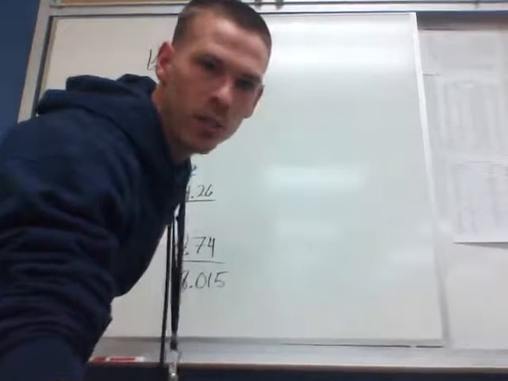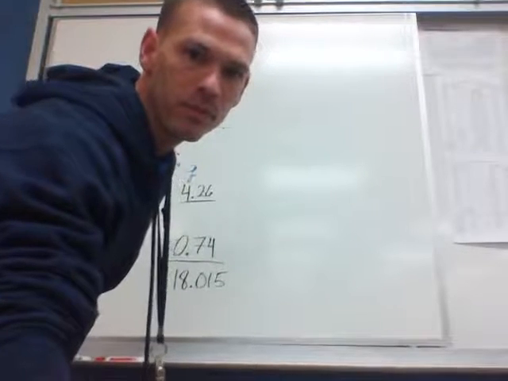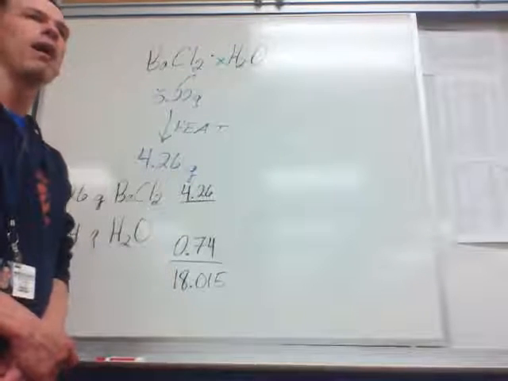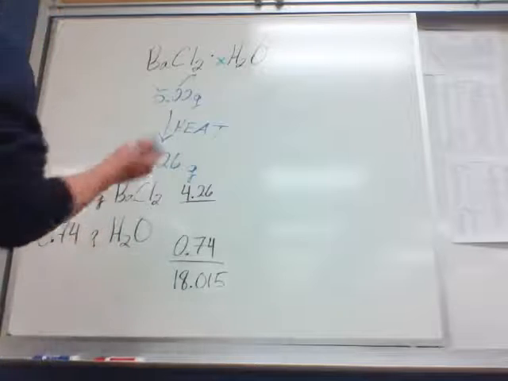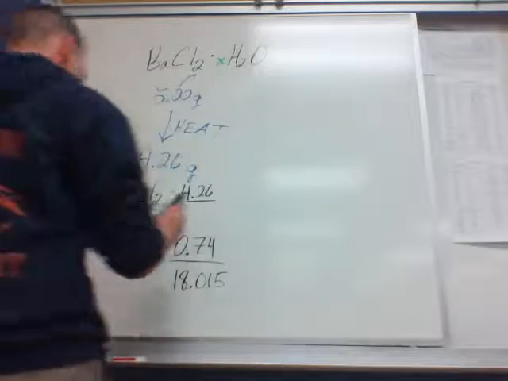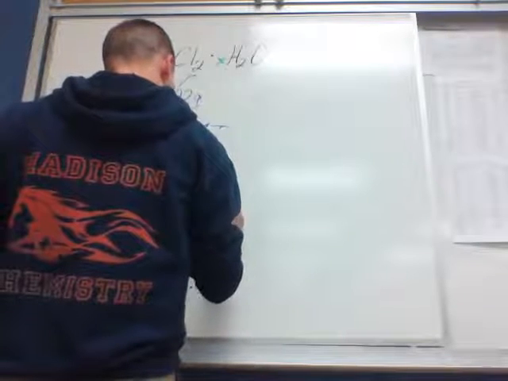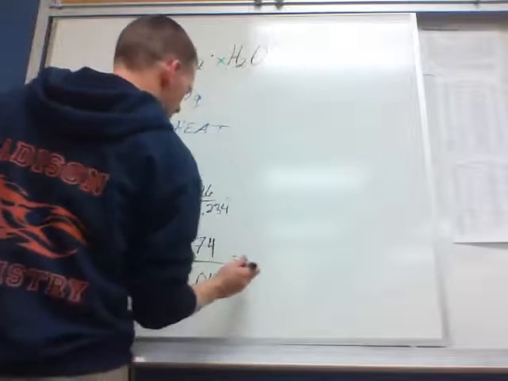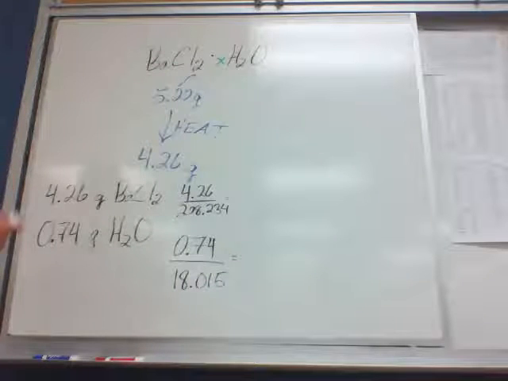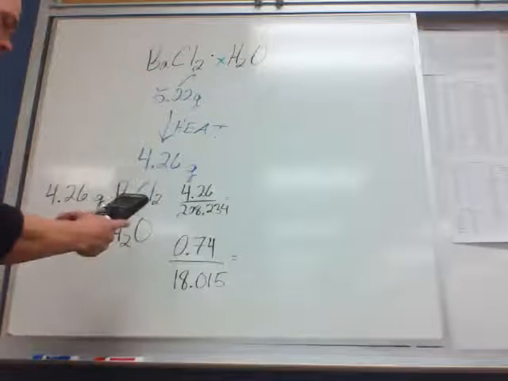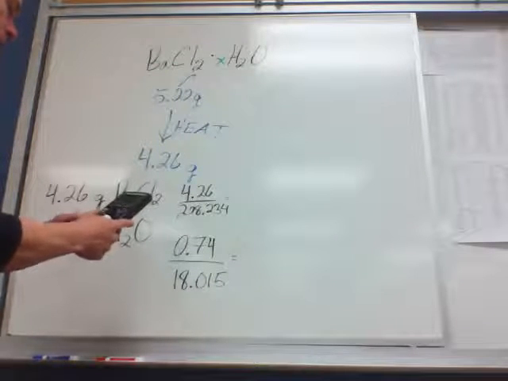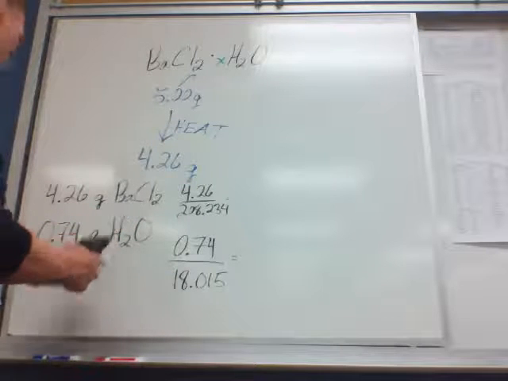If you're watching the video, pause, figure it out, and unpause. When I add up BaCl2, I get a molar mass of 208.234. So now I need my mole count. 4.26, quiet please, divided by 208.234.